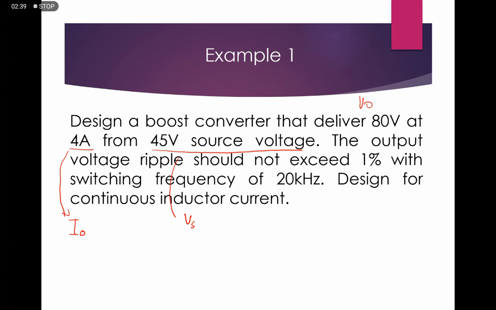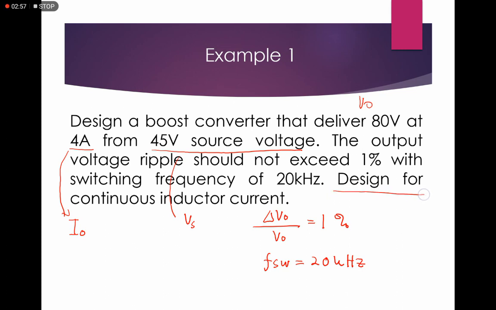The output voltage ripple, delta V0 over V0, is given as 1%, and your switching frequency is 20 kilohertz.